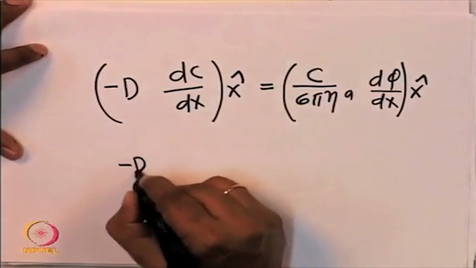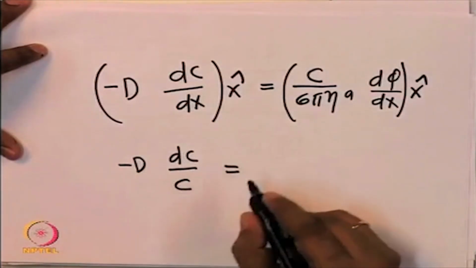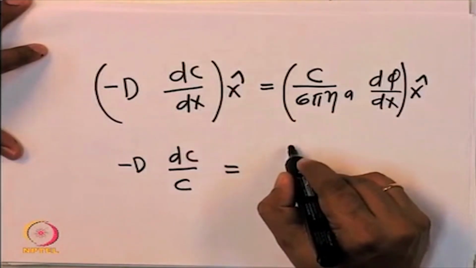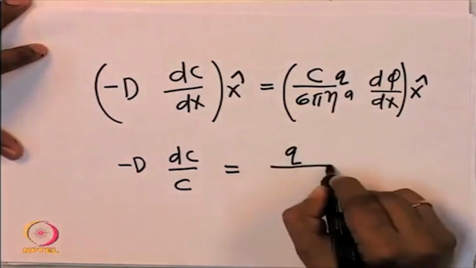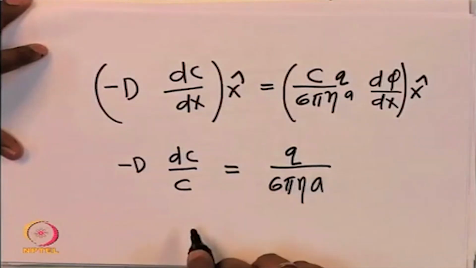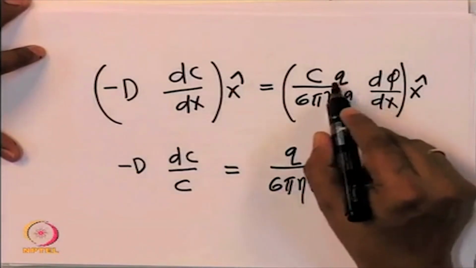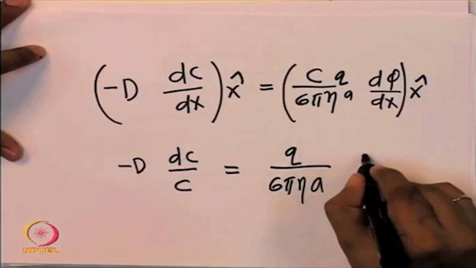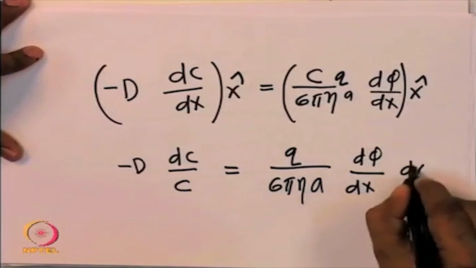So, you have minus d dc by c is equal to, there is a q here. So, q by 6 pi eta a. There is a typo, there is a q here. So, this is the correct one, q by 6 pi eta a into d phi by dx times dx.